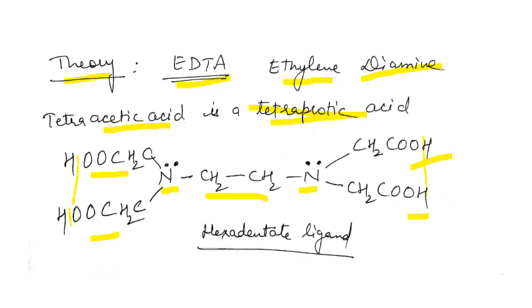It has 6 donating sites: you can see these protons when dissolved in the water are separated, 1, 2, 3, 4. 4 protons separated, so 4 sites develop for electron donation, plus the 2 lone pairs of electrons on the nitrogen. So it has the complete 6 donating sites, making it a hexadentate ligand.